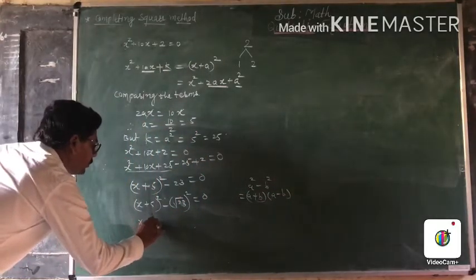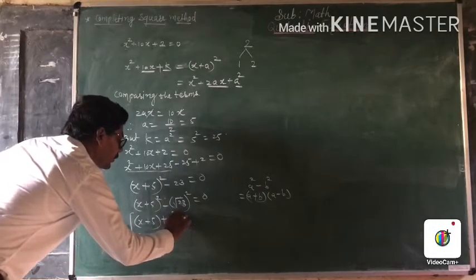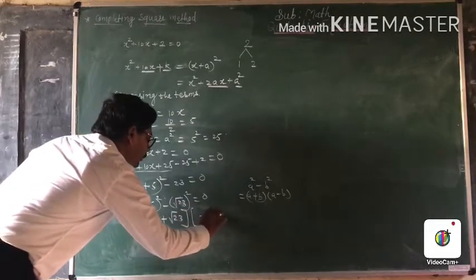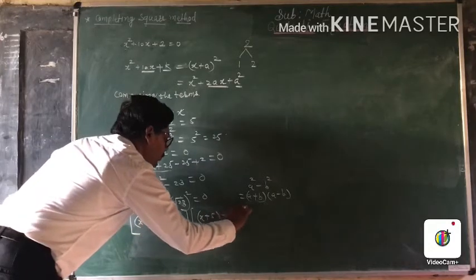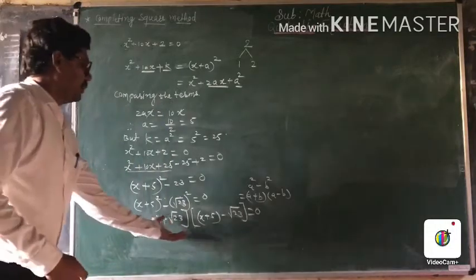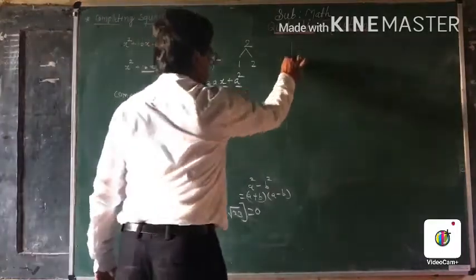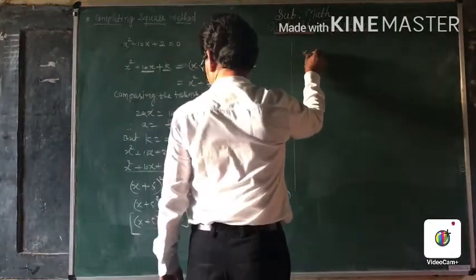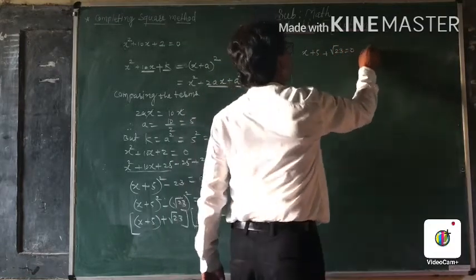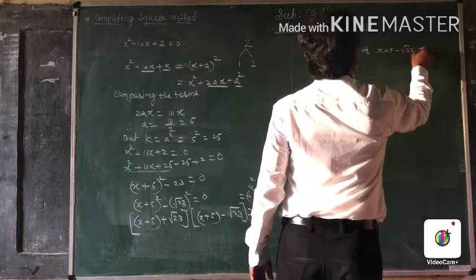So (x plus 5 plus root 23) in the first bracket, and in the second bracket (x plus 5 minus root 23) is equal to 0. And here are two factors whose multiplication is 0. Therefore, x plus 5 plus root 23 is equal to 0, or x plus 5 minus root 23 is equal to 0.